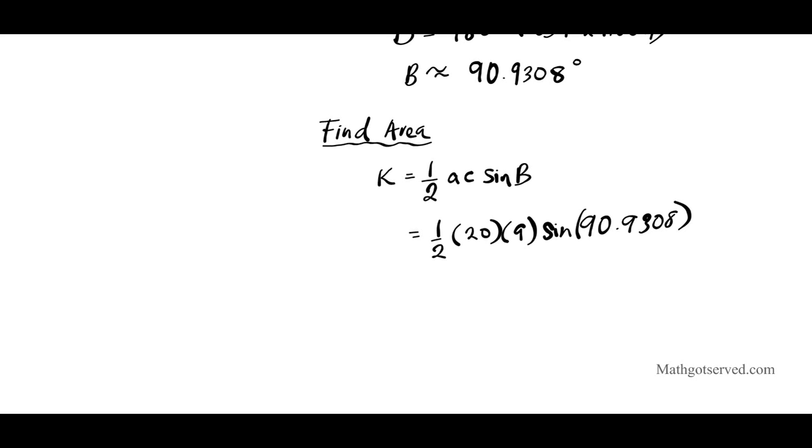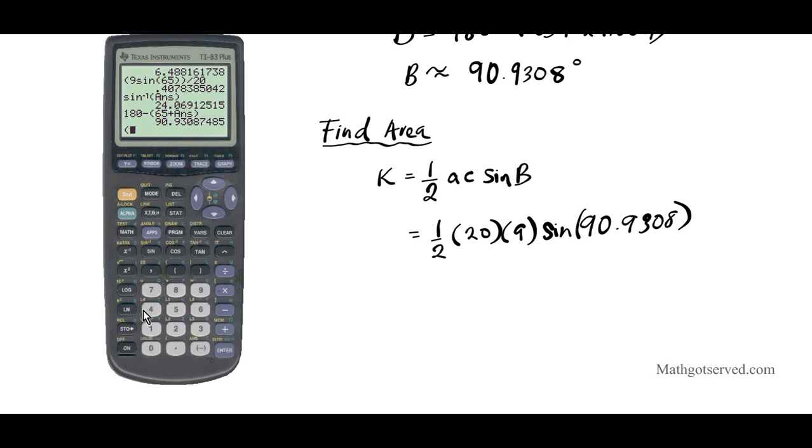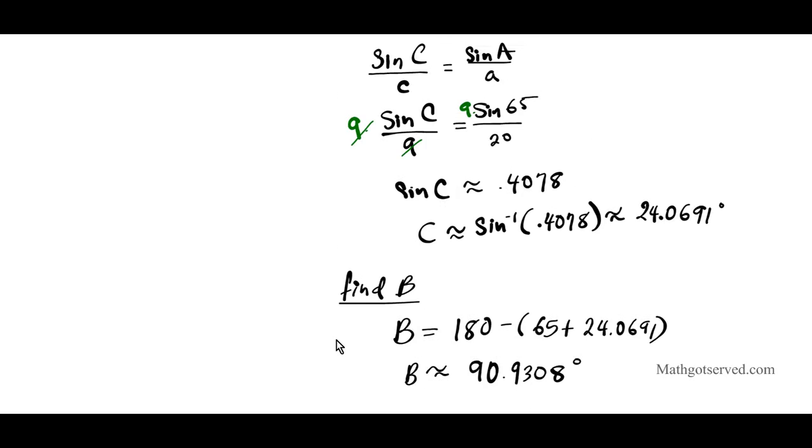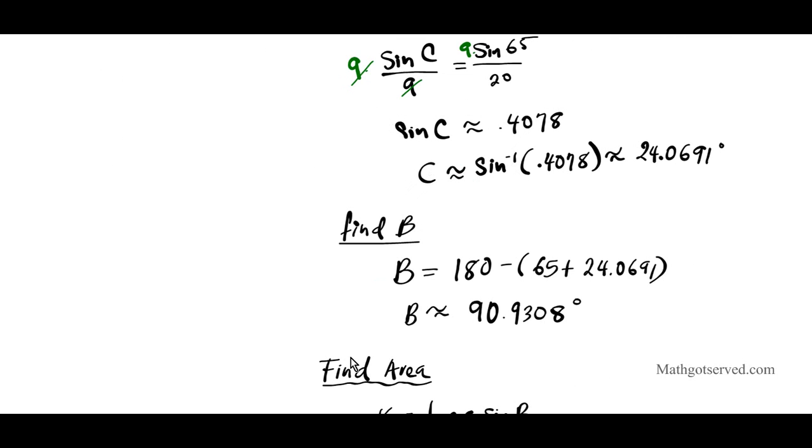Let's plug that into our calculators and see what we get. So we have 1 divided by 2 times 20 times 9 times the sine of my previous answer, negative, enter. We have 89.988. Let's see our options right here. We're going to round it up.